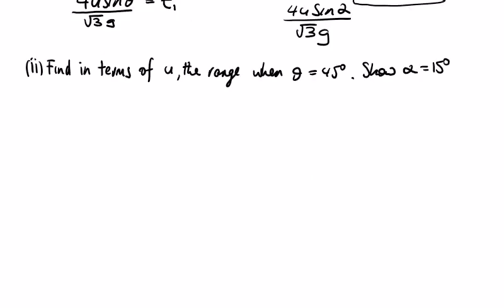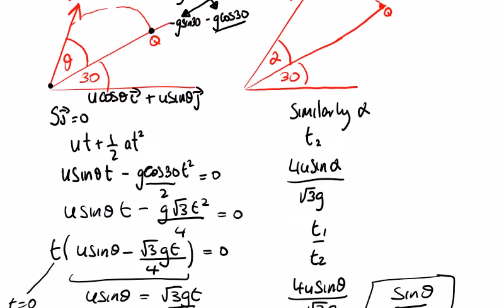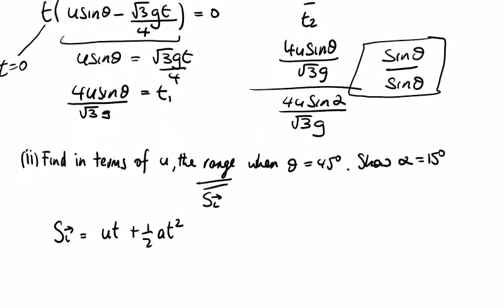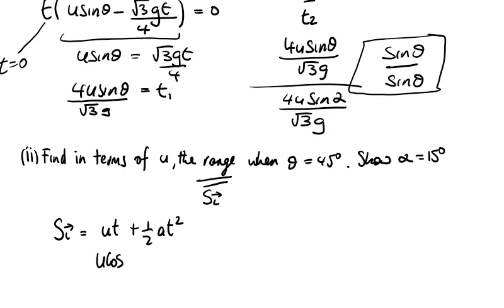Part 2 asks us to find in terms of u the range. So the range we know is the s in the i direction, or s in the x direction, whatever you're using, when theta is 45. Okay, so again, distance is equal to ut plus a half at squared. We had the initial velocity in the i direction was u cos theta, so we're looking at u cos 45, they've given us the 45, times t, which we have here, 4u sine 45 over root 3g.